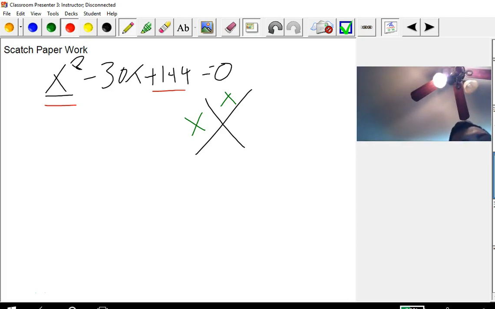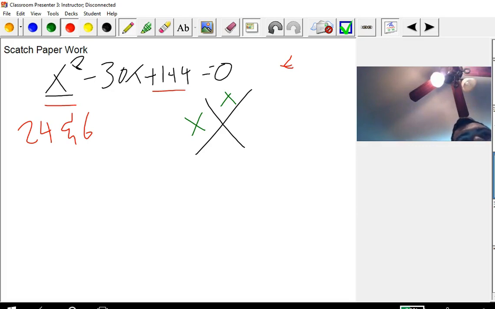But we need to find two numbers that multiply to be 144 and also add up to be negative 30. I don't want to make this video super long, so I know it's going to be 24 and 6. Those numbers multiply to be 144 and also add up to negative 30.